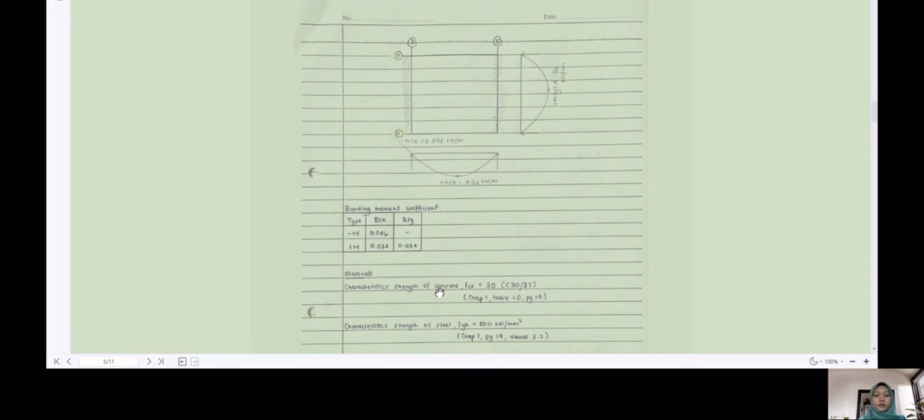Next is the materials. Characteristic strength of concrete FCK equal to 30. We've used this depending on chapter 1 table 1.0 page 19. The characteristic strength of steel FYK, we use 500 N per millimeter square.